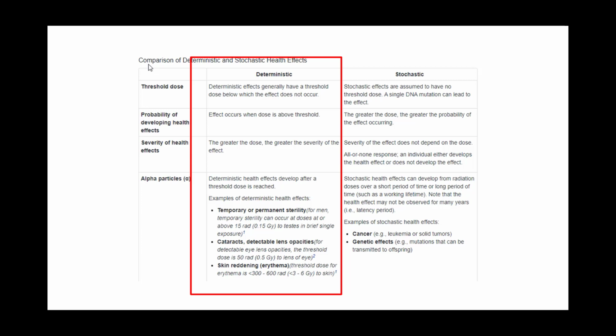Above that threshold, there is a possibility of the damage occurring, and we know specifically what type of damage occurs at what intensity or threshold levels, which would be like radiation sickness, hair loss, etc. The greater the dose, the greater the severity of the effect. Conversely, if the ionizing radiation is below that dose threshold, the effect will not occur.